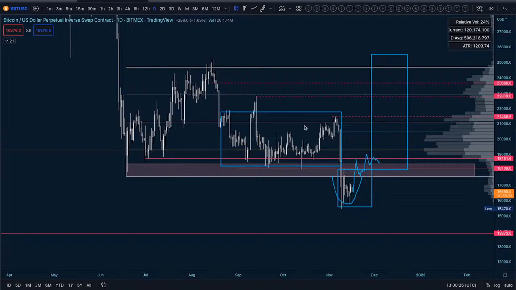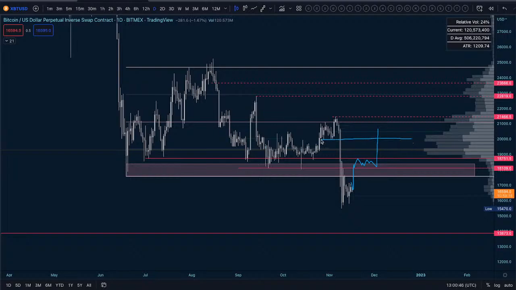That's the thing. We're not here to predict stuff. We're here to plan both sides of it. What could the market do? Market can reclaim this level and push higher. What would be my targets? Here's a resistance point. That could be a good start. That's another one, another one, another one.